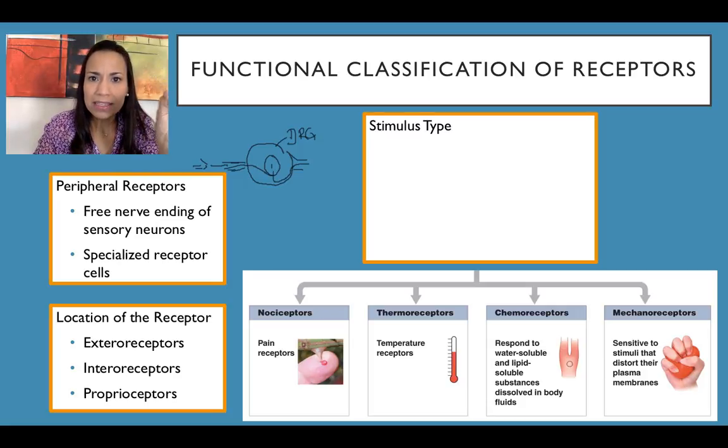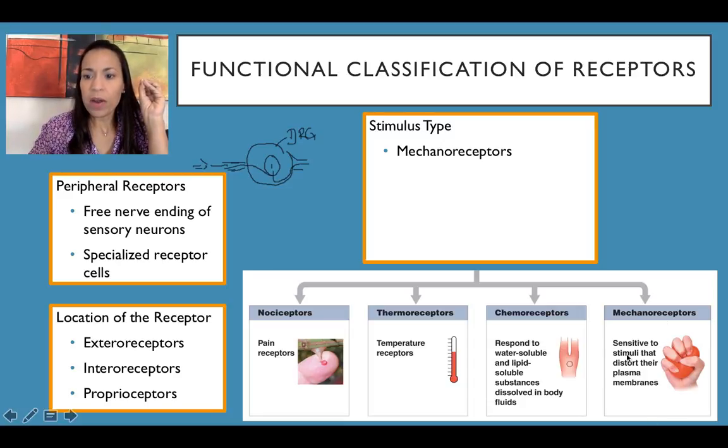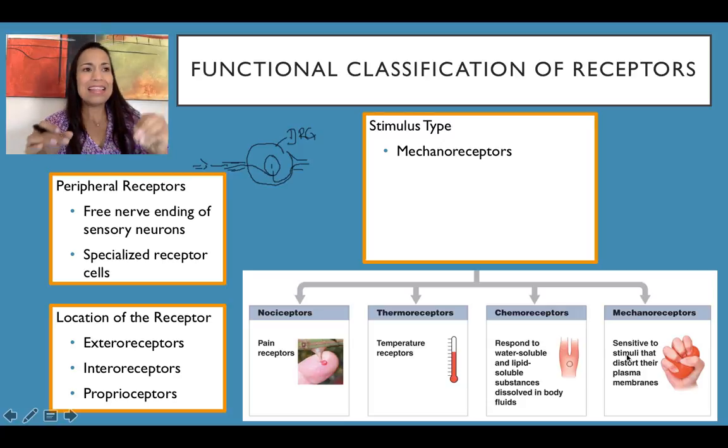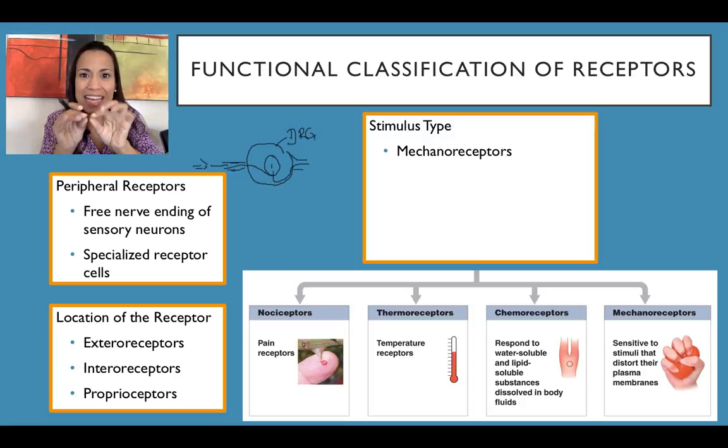So how can we classify these receptors depending on the stimulus type they are going to detect? First, we have the mechanoreceptors. The mechanoreceptors respond when they detect a mechanical or physical change on the surface. Remember, they can be extero, intero, or proprioceptors.